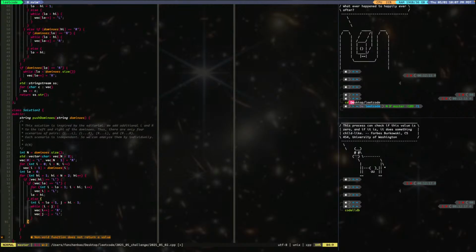And once we're done, we also get low equal to high. So low always will equal to high, so it doesn't matter. So this is when high equal to left.